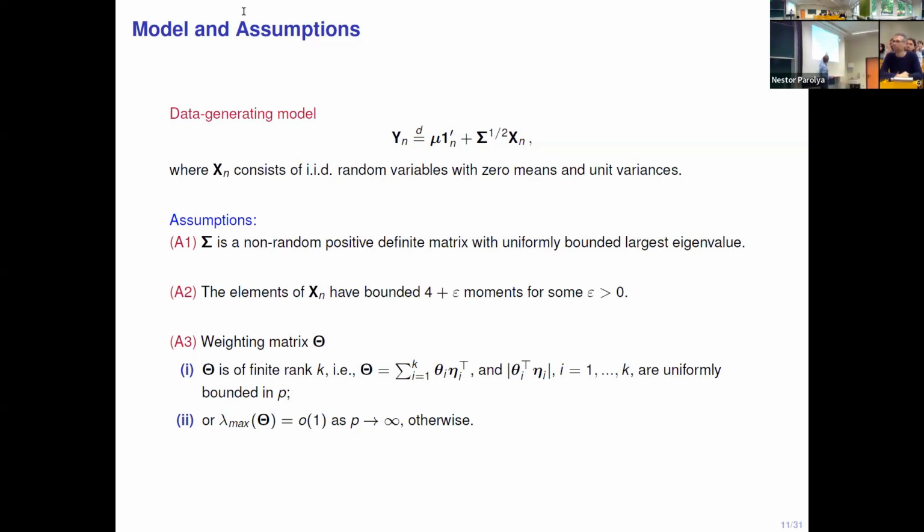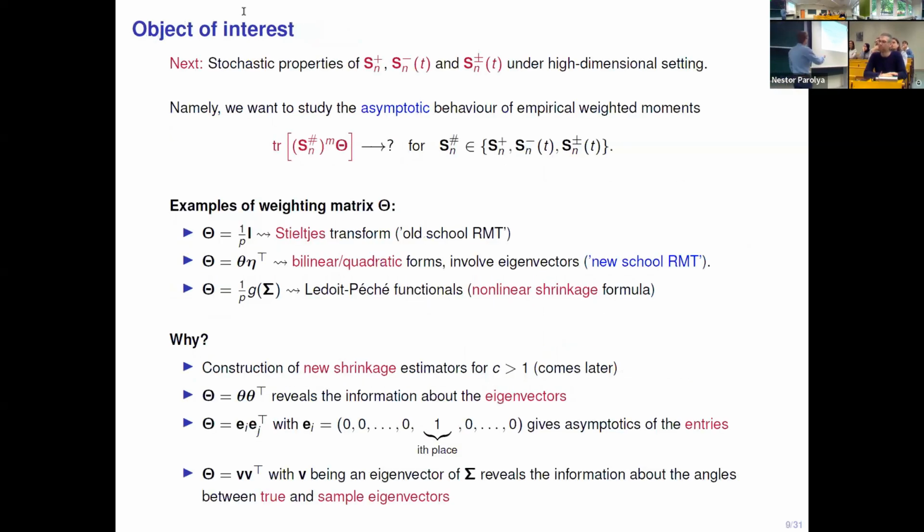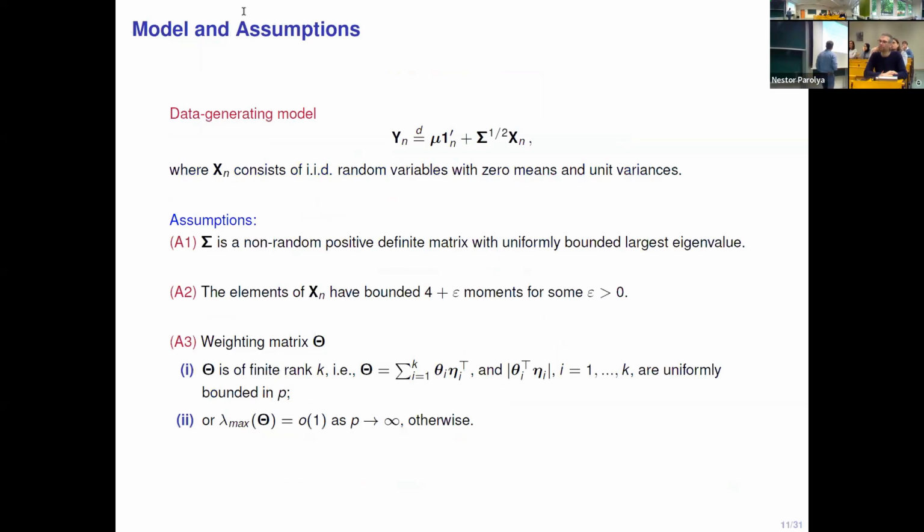Then we assume that those vectors here have finite Euclidean norm. If it's full rank, then its maximum eigenvalue goes to 0. It's quite general because you can put a lot of things inside. So 1 over p identity is just a very trivial example of that setup. And actually in the estimators we have, you can always normalize theta to fulfill this, because it's very easy.